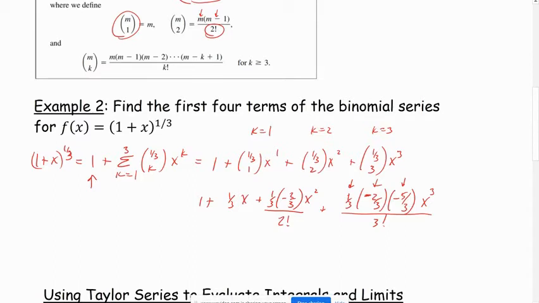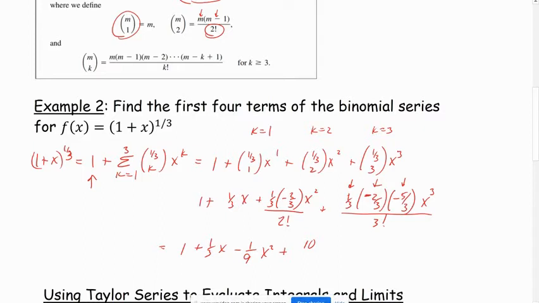And so then our final answer is going to be 1 plus 1/3 x minus 1/9 x squared. Here we're going to have 10 over, let's see, we have 3 times 3 times 3 in the denominator and also 3 factorial.